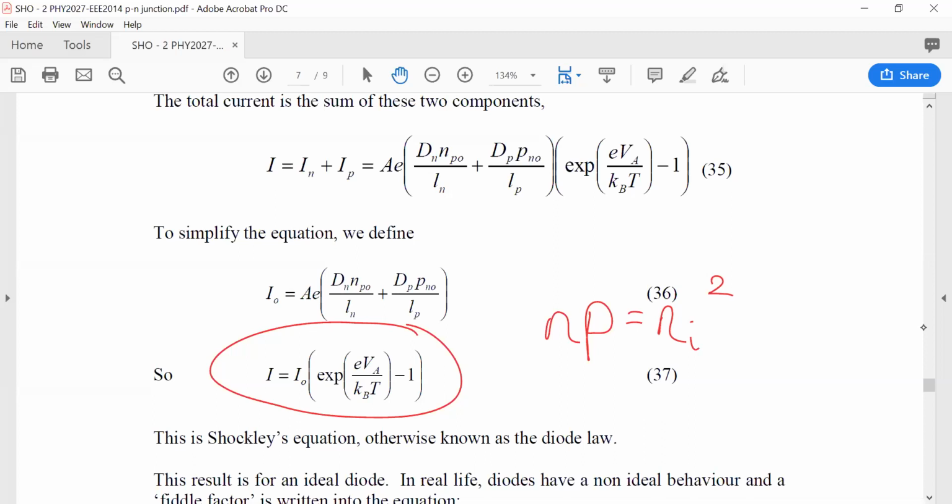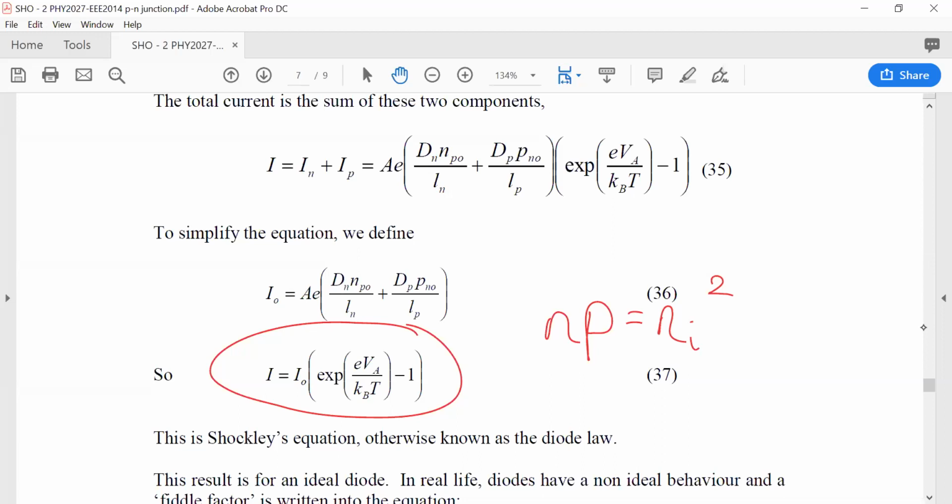And so the ability to calculate this concentration of minority carriers is really possible using knowledge of the doping, which is a design parameter. But getting this minority carrier concentration is so important, it's very worthwhile to become familiar with the method for doing this. In other words, using this np equals ni squared.